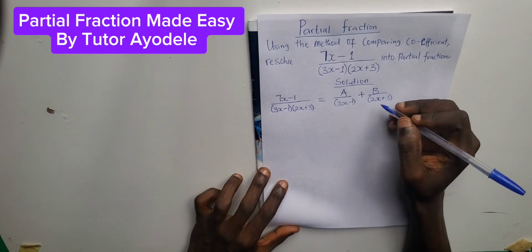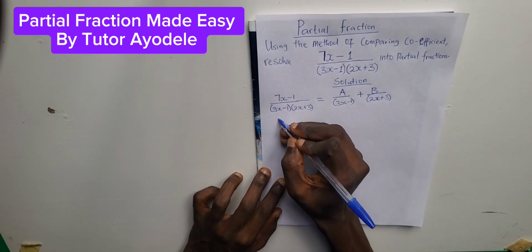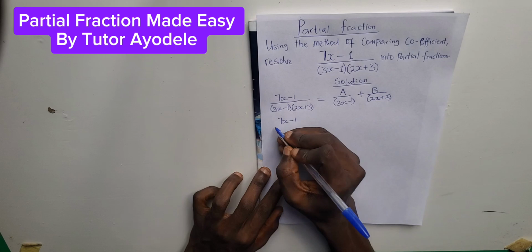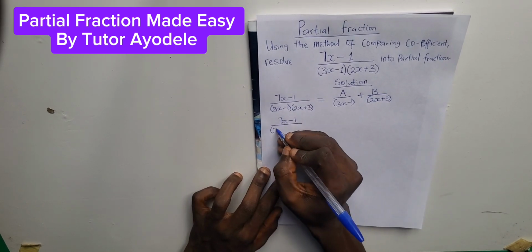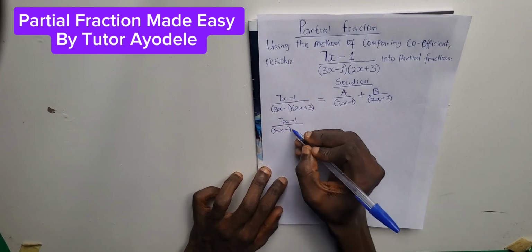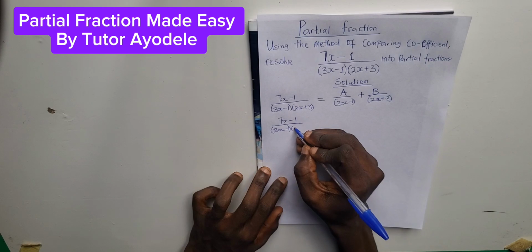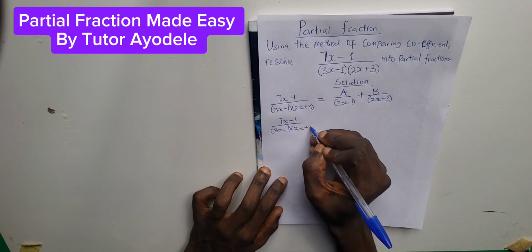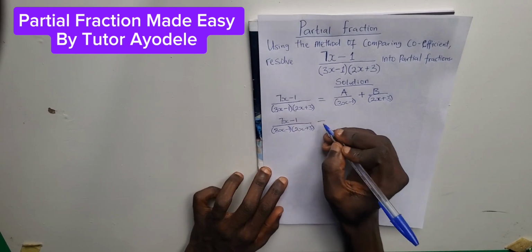So here I have 7x minus 1 over (3x minus 1)(2x plus 3) equals to.